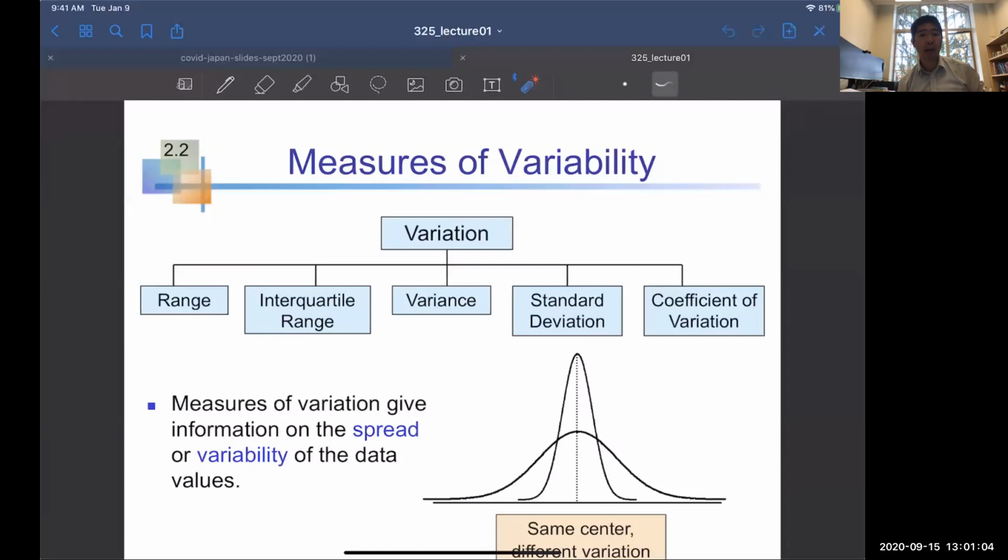So those are the important measures to think about policies and so on. So not only the mean, which is basically the location of the distribution, but also some type of the measure of variability, which is about how much of the spread you have in the data. Okay, and then we're going to consider different types of the measures of variability.